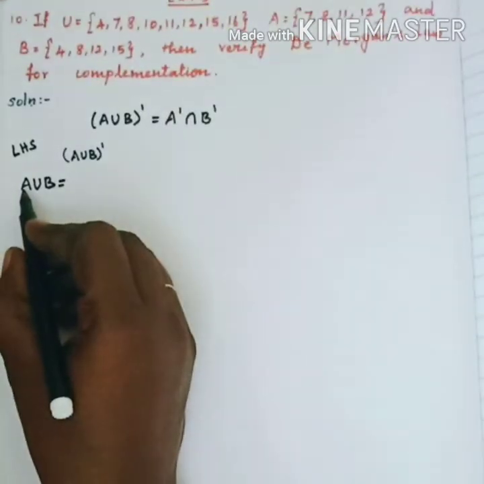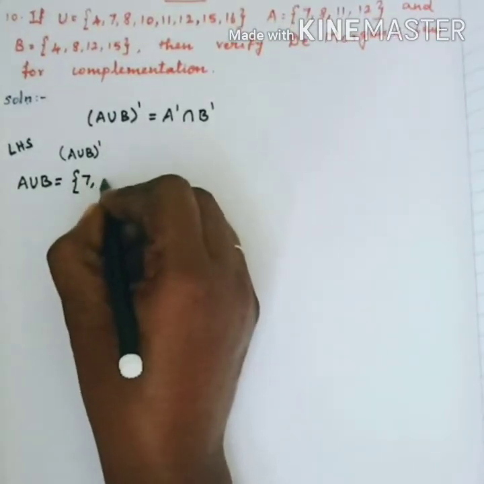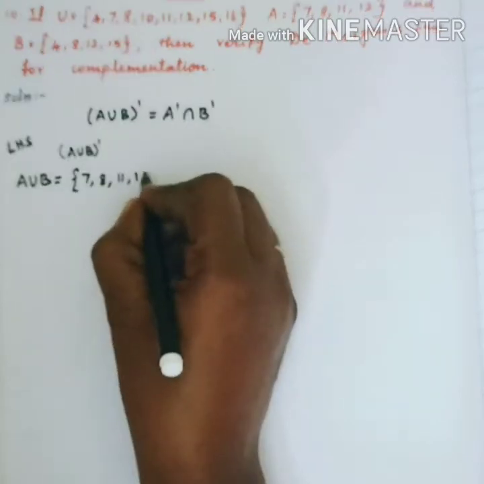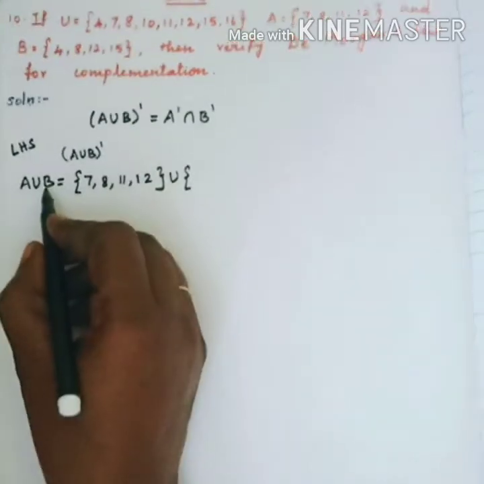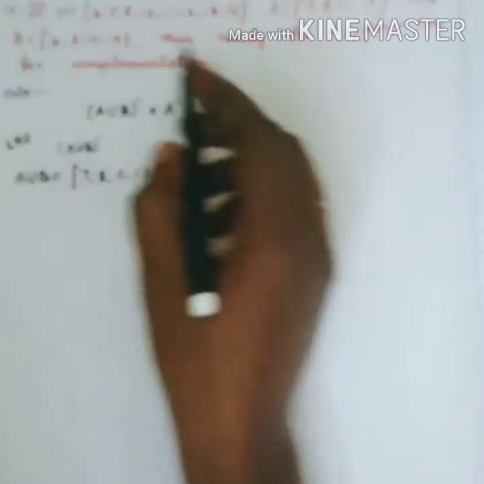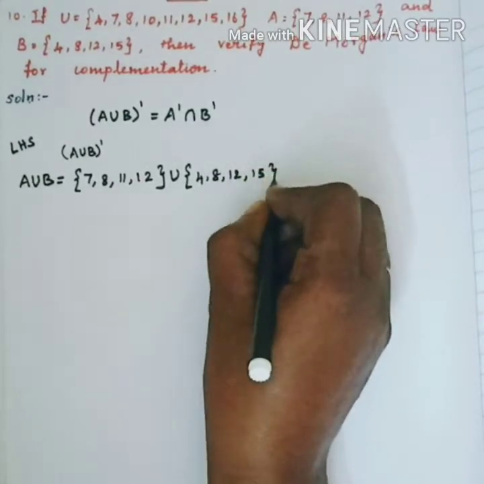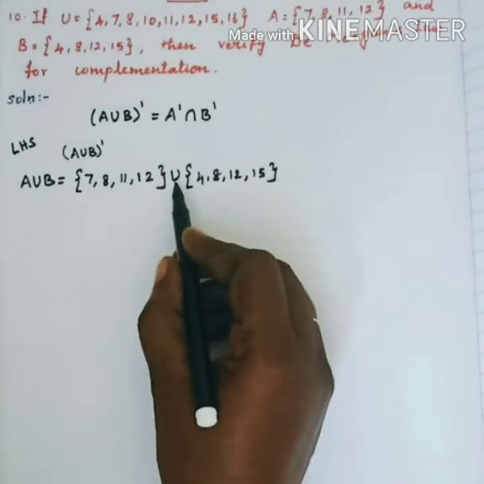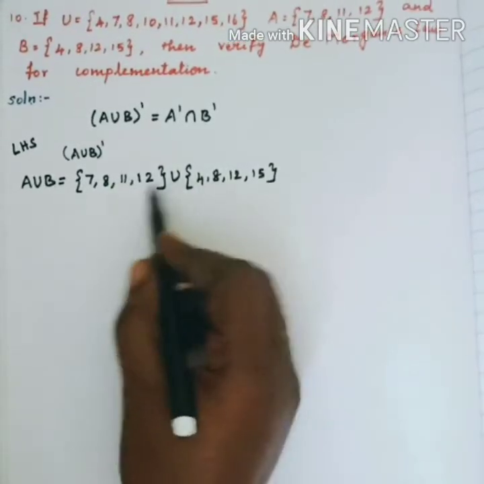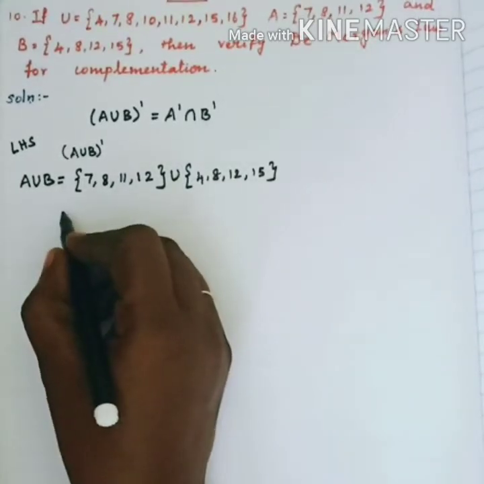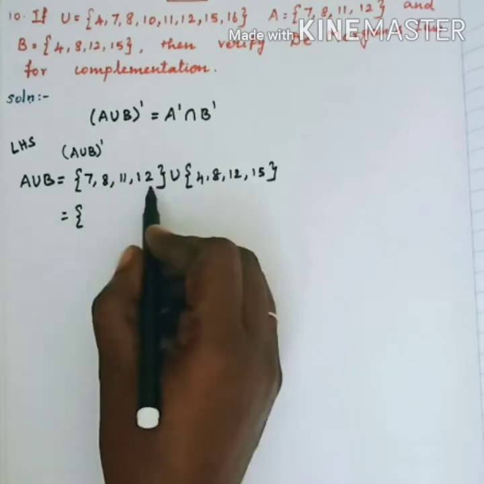So write the elements of A. What are the elements of A? Elements of A are 7, 8, 11, 12, and put the union symbol, and the elements of B are 4, 8, 12, 15. Here the union symbol is in between the sets, so you have to combine the elements of these two sets. First write the elements of the first set: 7, 8, 11, 12.